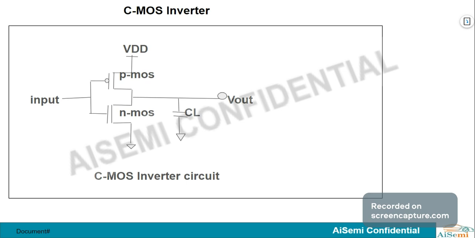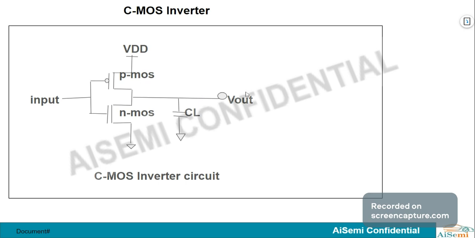What is the purpose of the capacitance? The capacitance is to store charge. Here we don't know how much charge will be stored, but some amount of charge is stored. This charge will be discharged to the ground, then the output of the CMOS inverter is 0.